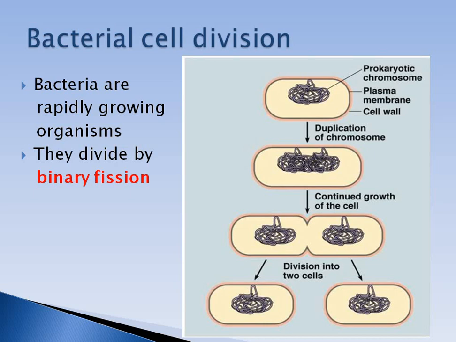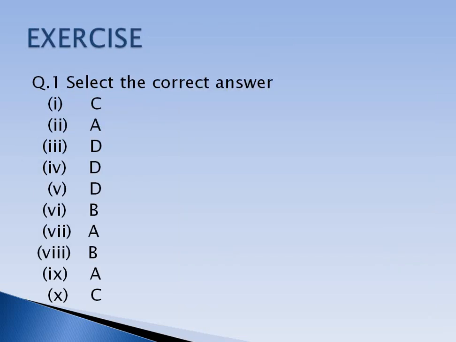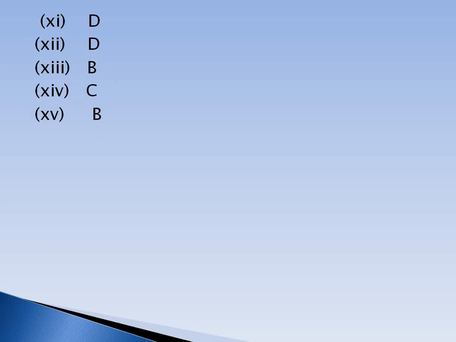Now in the end, there is an exercise. In this slide, I have given the solution of the first question, that is, select the correct answer. There are almost 15 statements and the correct answers are given over here in this slide as well.